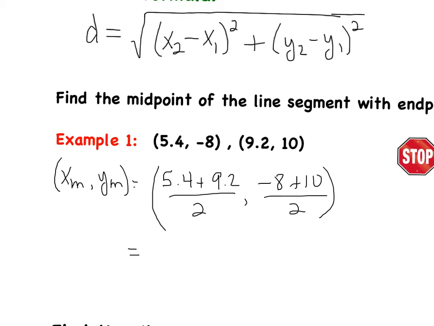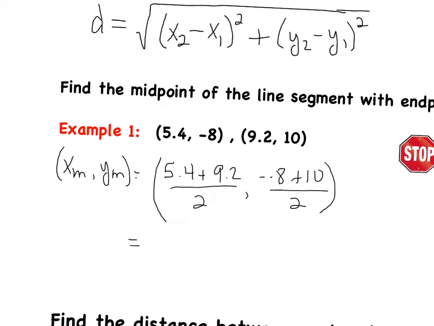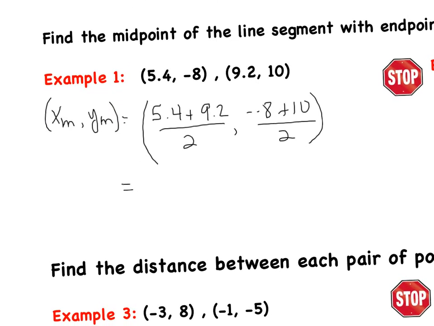Then we calculate our values. 5.4 plus 9.2 is 14.6 divided by 2. Negative 8 plus 10 is 2 divided by 2. Then we can simplify those, and the coordinates of our midpoint are 7.3, 1.